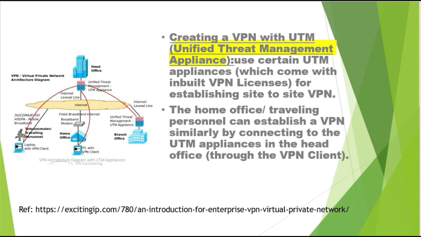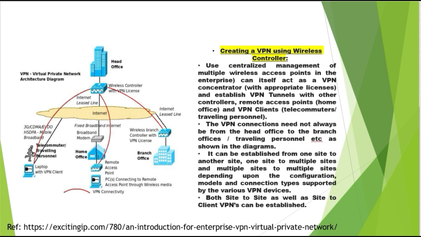Basically, when we configure this UTM with a VPN license, it will usually be transparent to the client. So the client can use any certified VPN client, or the client available in Windows, to remotely access the corporate network.